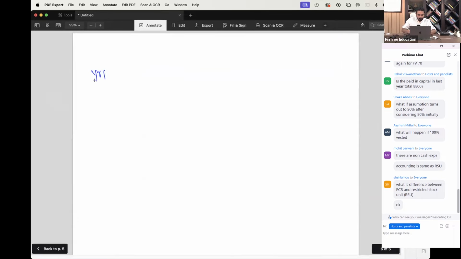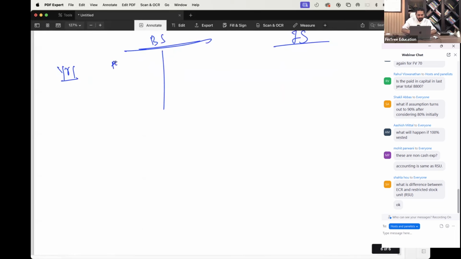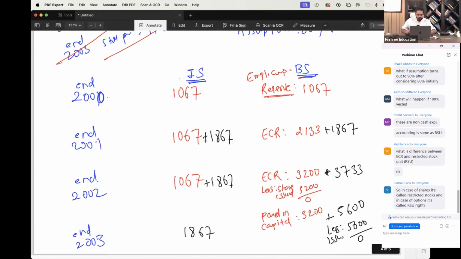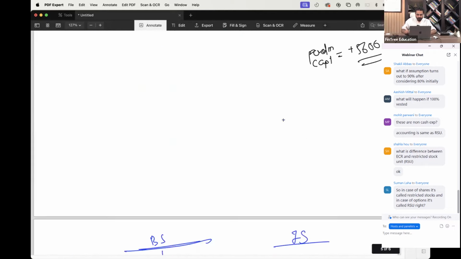This is year 1. This is my balance sheet. This is my income statement. Now I already have some paid in capital because obviously I'm a running entity. I have my own paid in capital. I have other reserves, like retained earnings and all of that stuff. Now in year 1, we show employee comp expense of 1067.